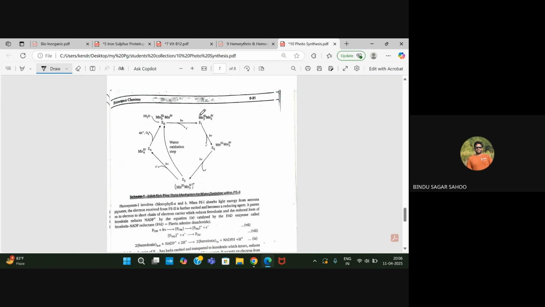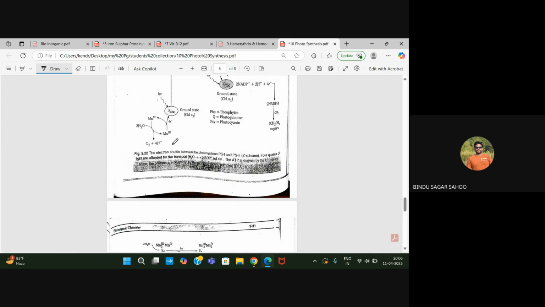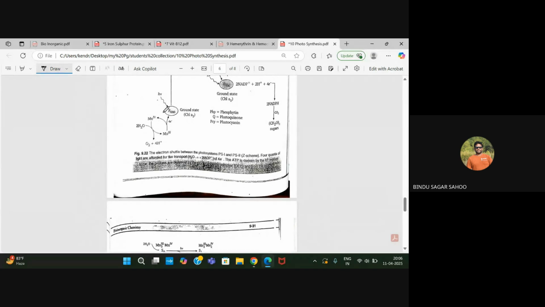So in the complete step from S0 to S5, there will be removal of 4 electrons, and the electrons are carried out by the P680.